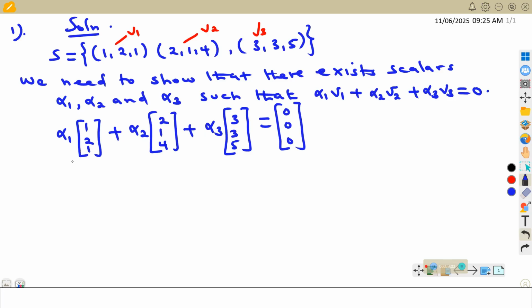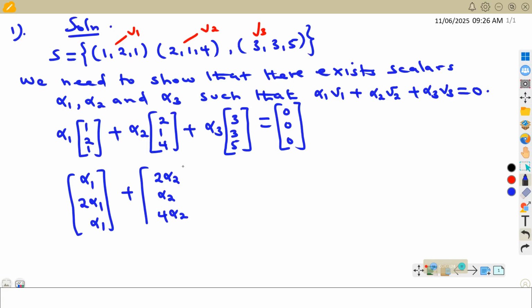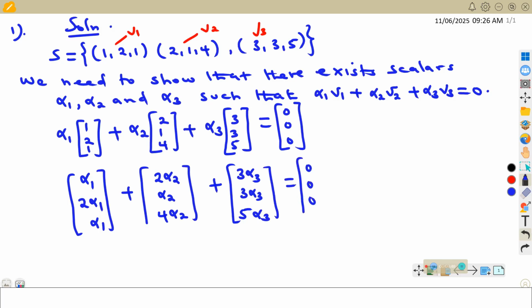So from here you need to get the corresponding elements. We multiply alpha 1 into the first vector, alpha 2 into the second, and alpha 3 into the third, and this should be equal to (0, 0, 0).